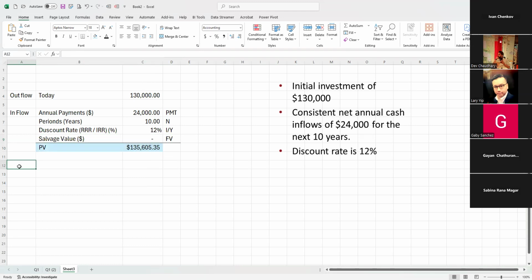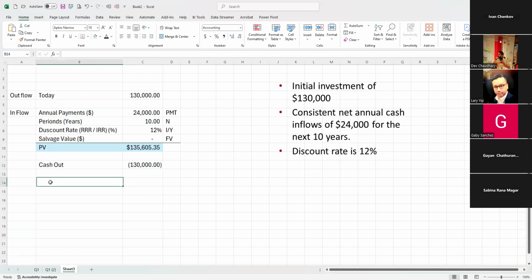So the question now is, what's the net present value? Well, if this is the cash that's coming in, where is the cash going out? Cash going out is equal to, we have to pay $130,000 today.